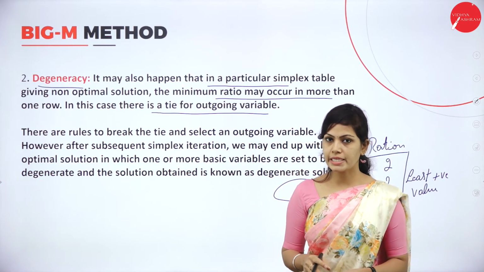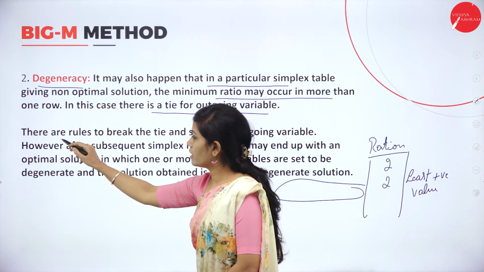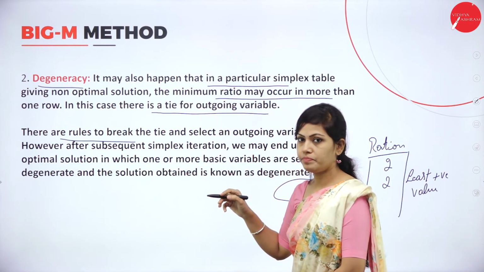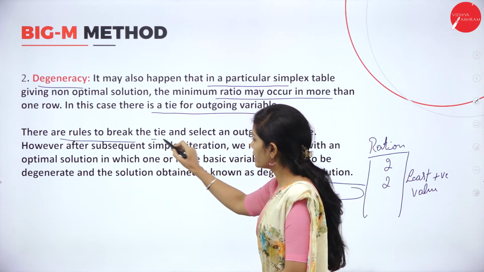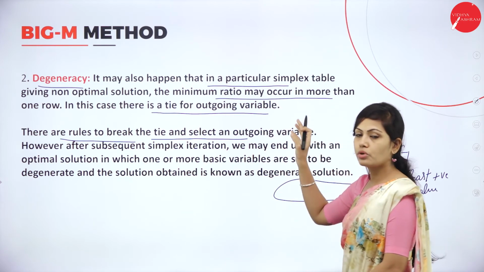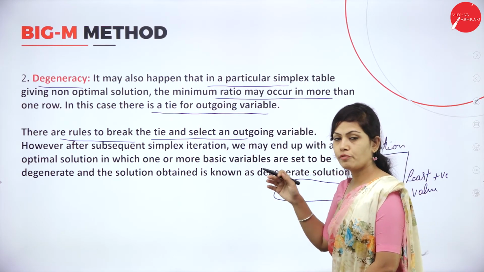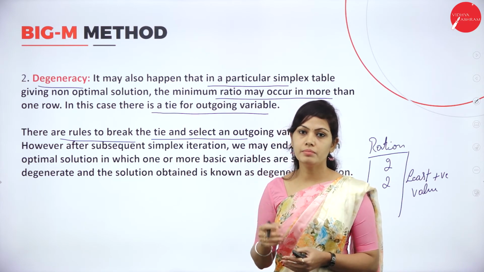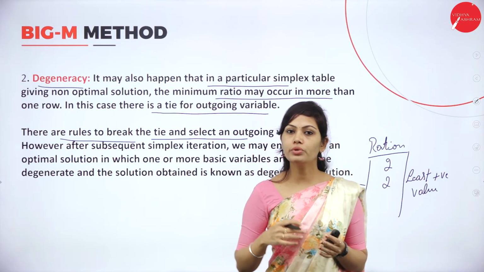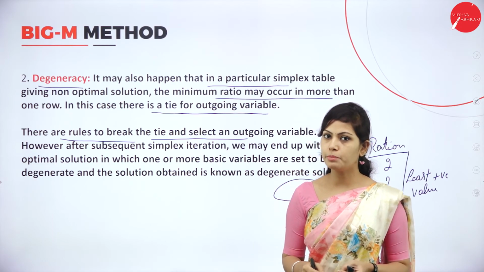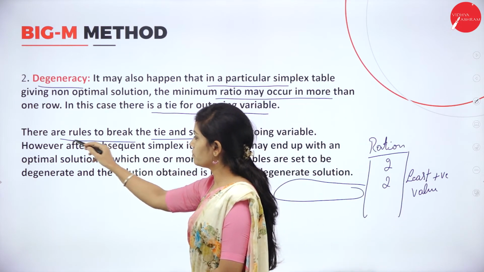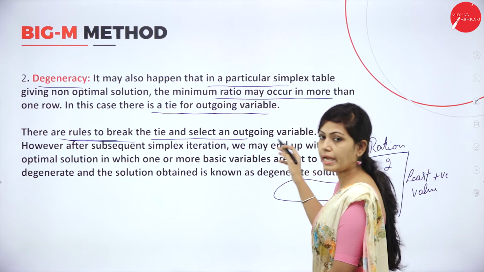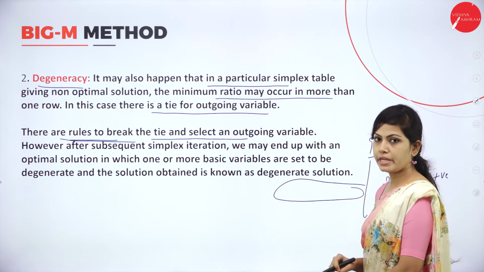If you get any degeneracy, there are rules to break the tie and select an outgoing variable. We have some techniques for breaking the tie. If you get a tie between two numbers, we can overcome that problem, but we have to use some rules to break the tie and select the outgoing variable.